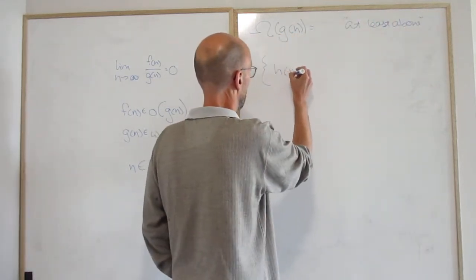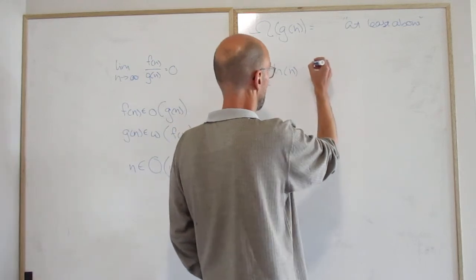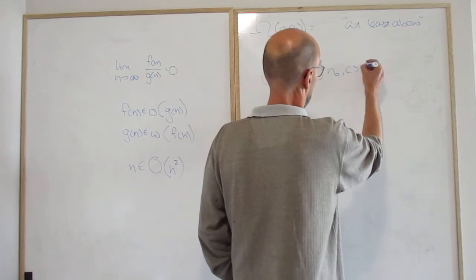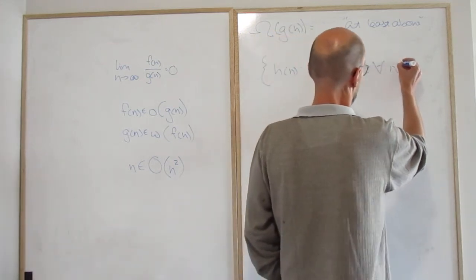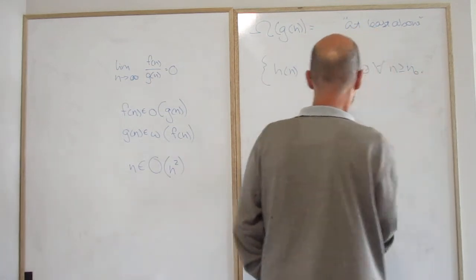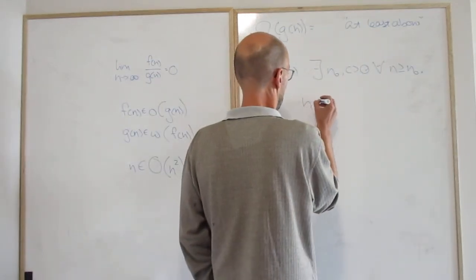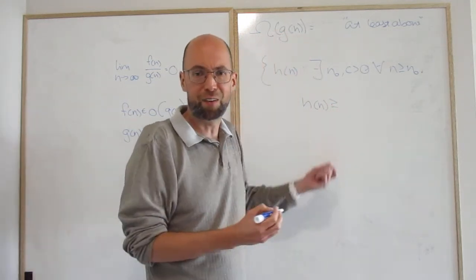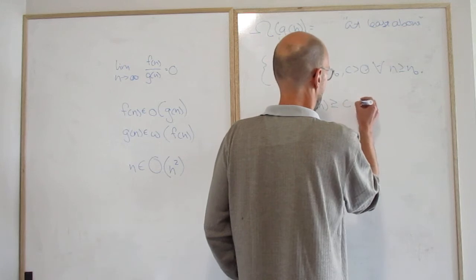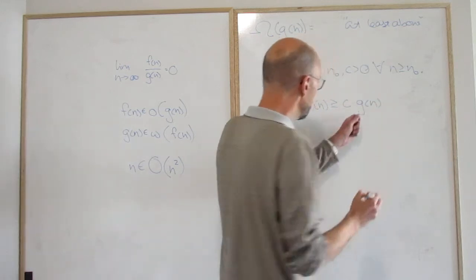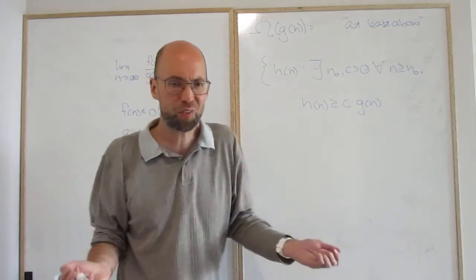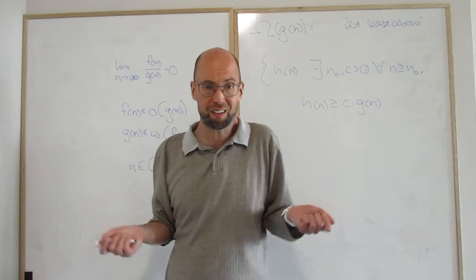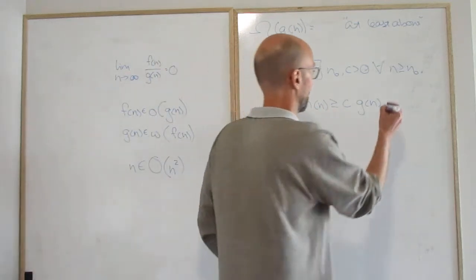This is the set of functions h of n such that there exists n0, c greater than 0, such that for all n greater than or equal to n0, h of n, you just turn the inequality sign around, right? Is greater than or equal to c times g of n. Now, some people might move the c over, but that's fine. We're choosing a positive constant, so you can just take the inverse. So it doesn't matter which side you write the c on.